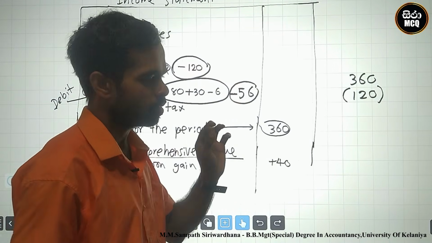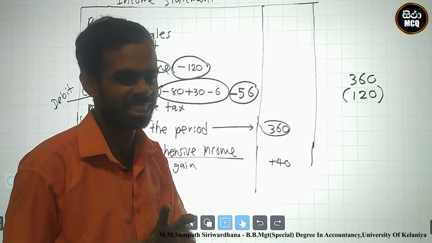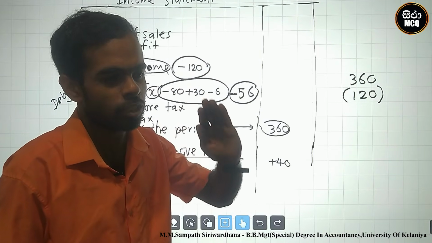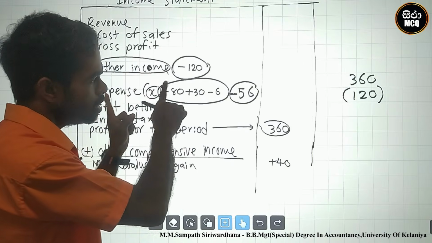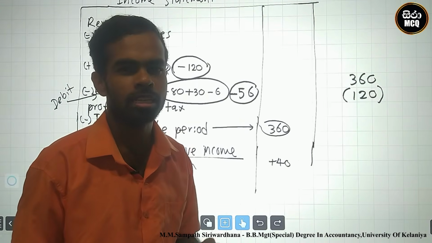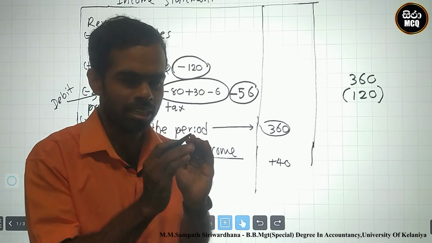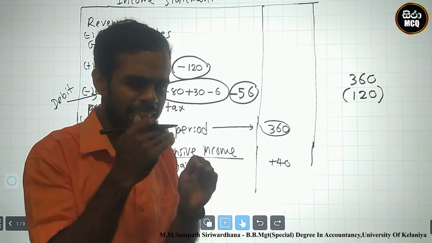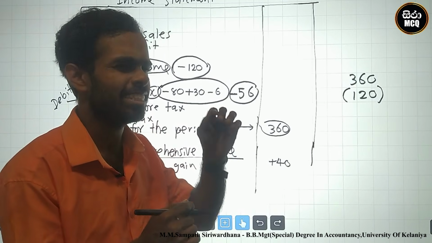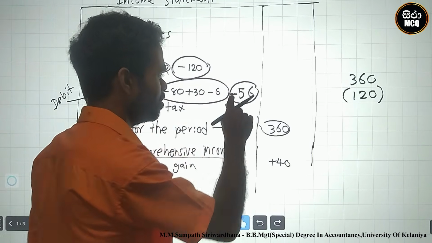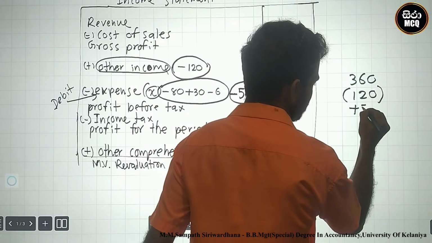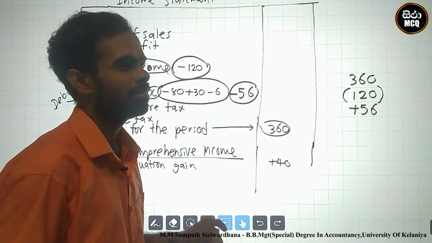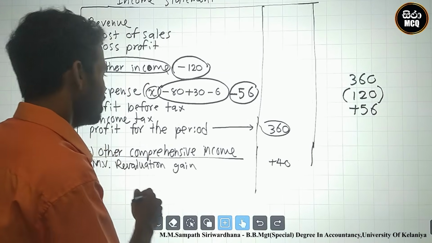This minus 56 is the final result. Minus 56 is elimination of expense. Elimination of expense means deduction of expense. Deduction of expense means profit must increase. Expense deduction is an increase of profit. Therefore, I add this 56. Why? Expense was deducted, so profit increased.